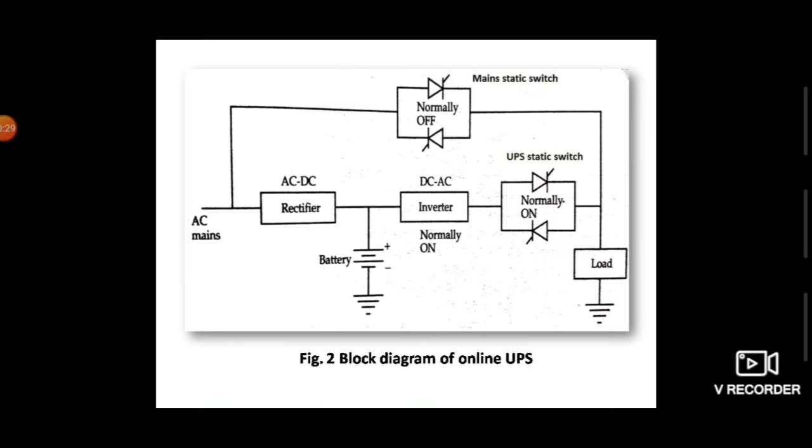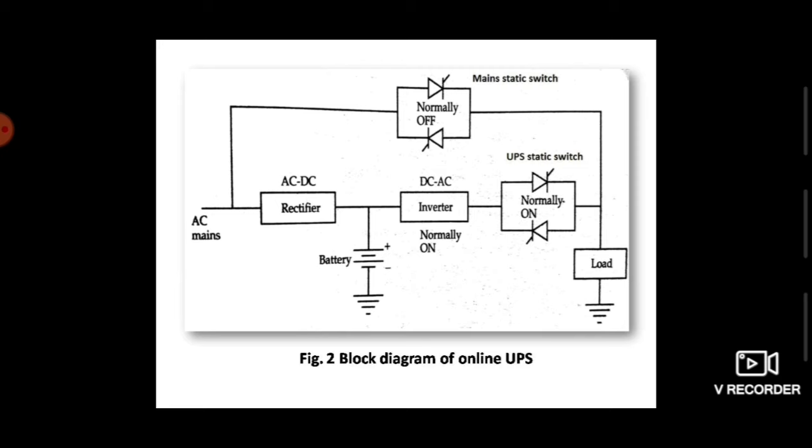This is the block diagram of an online UPS system. You can see the diagram is almost the same as that of the offline UPS system, but there is one basic difference.